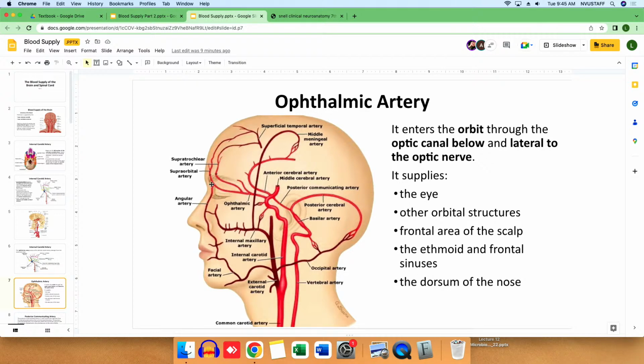Important thing here, we do have part of the structures in the irregular bones, such as the ethmoid bone. Do you remember the cranial nerve 1, the olfactory nerve, was passing through the cribriform foramina of the ethmoid bone, yeah? So this ethmoid bone contains what we call cells or sinuses.